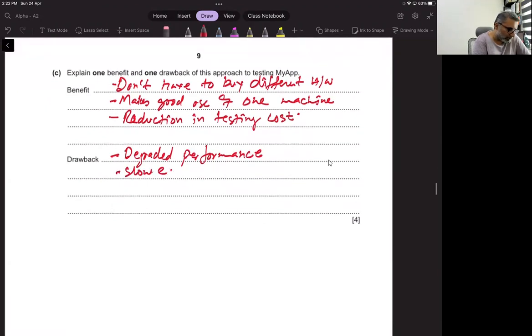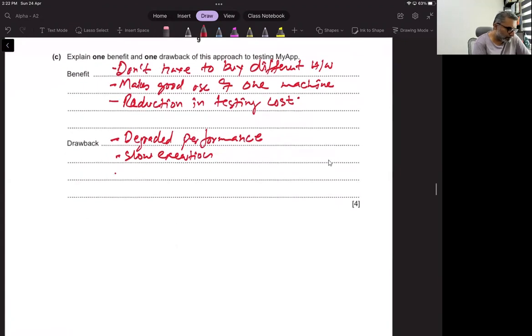Slow execution. Response is not as on actual hardware. Okay.